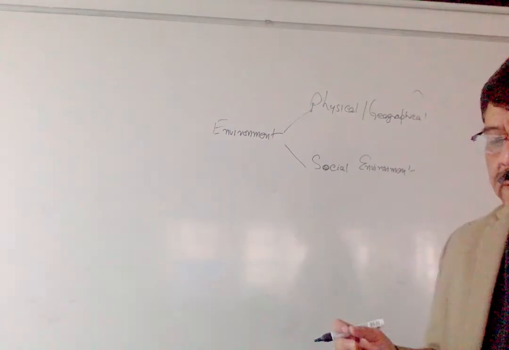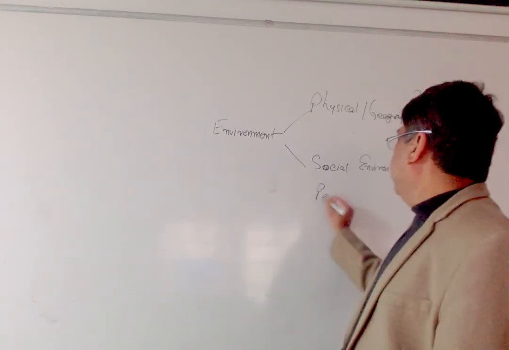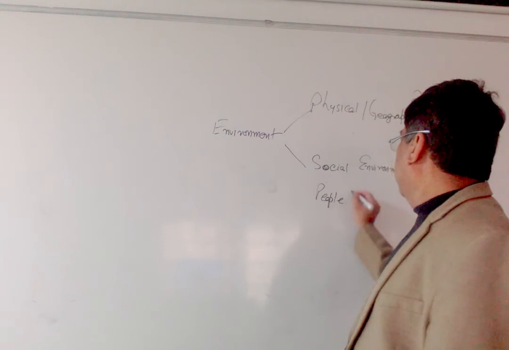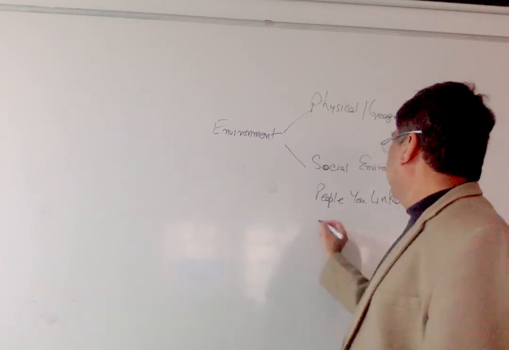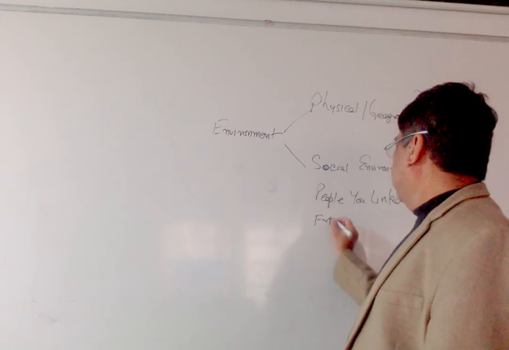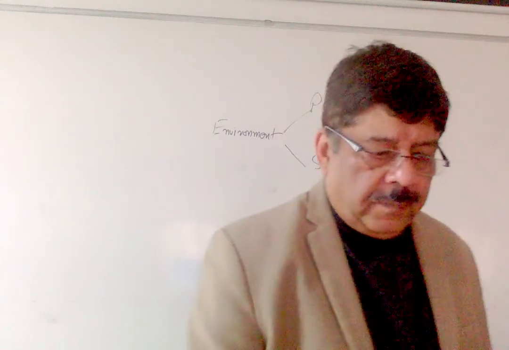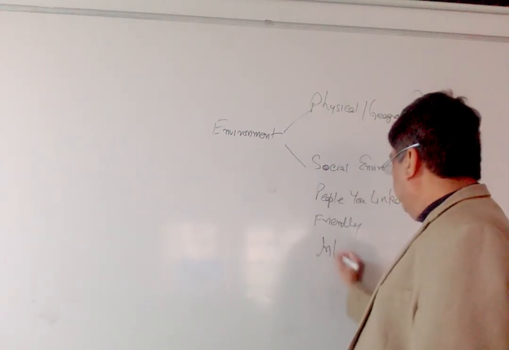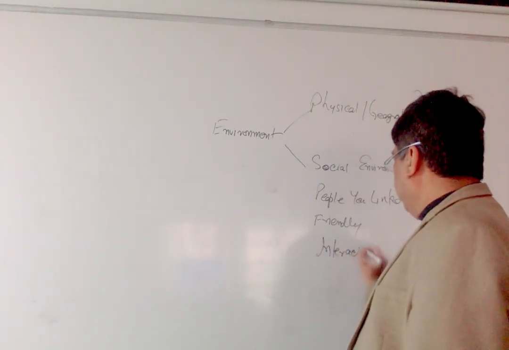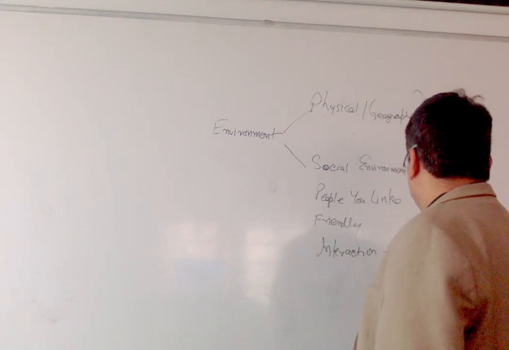Sir, basically friendly people. Friendly people, and the people you like. People like you. A friendly and good people. Good interaction between the people. Yes, good interaction, you're very right. Good interaction, or you can say social connections.